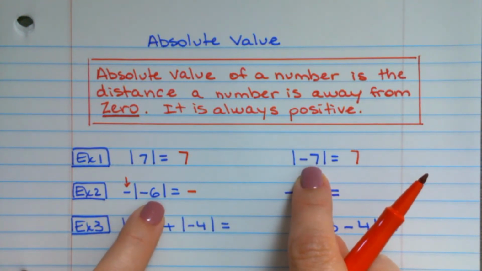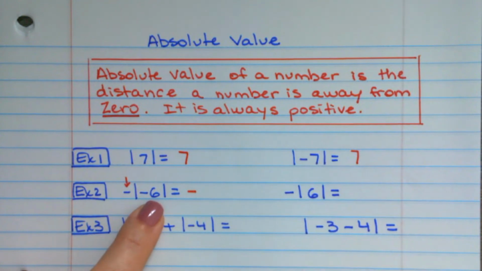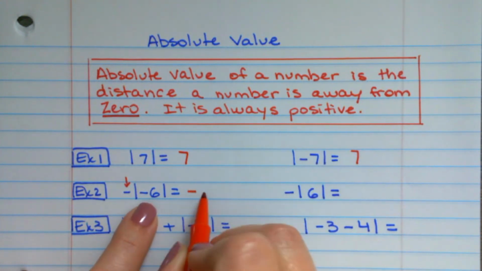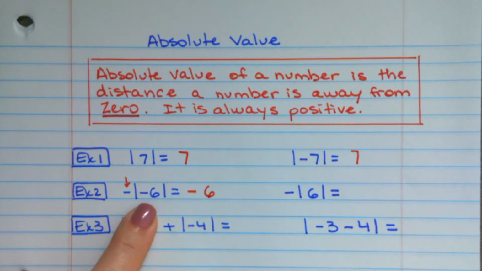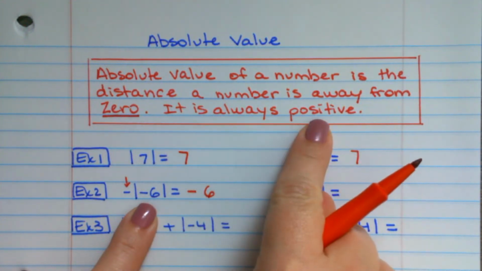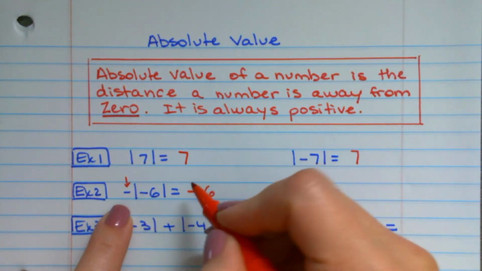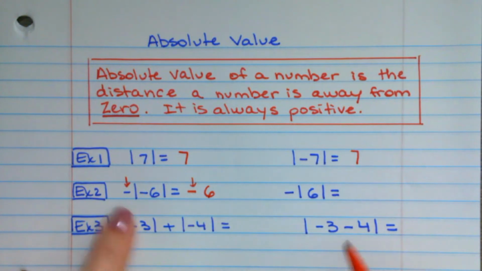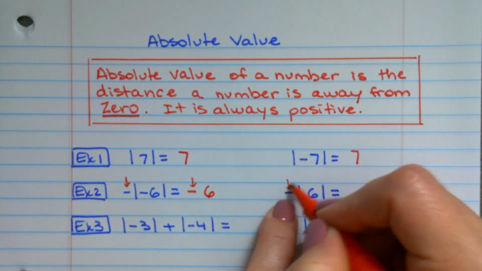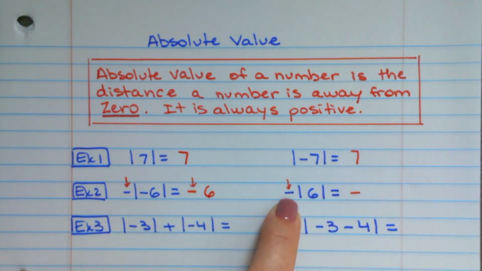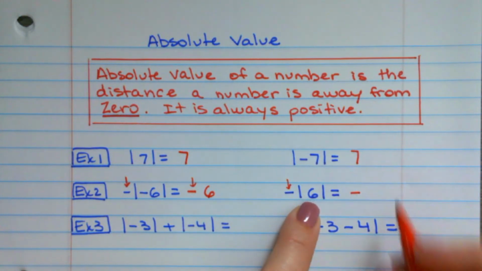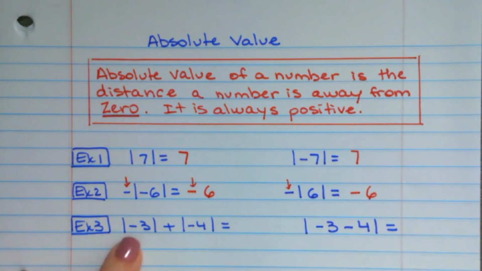You think about the number line and think about the distance from 0 to negative 6, which is 6. Okay? Remember, it's always positive. Well, if it's always positive, how is that one negative? Well, this one negative is from over here. Okay? So now this one negative, same idea. And then the absolute value of 6 is 6.